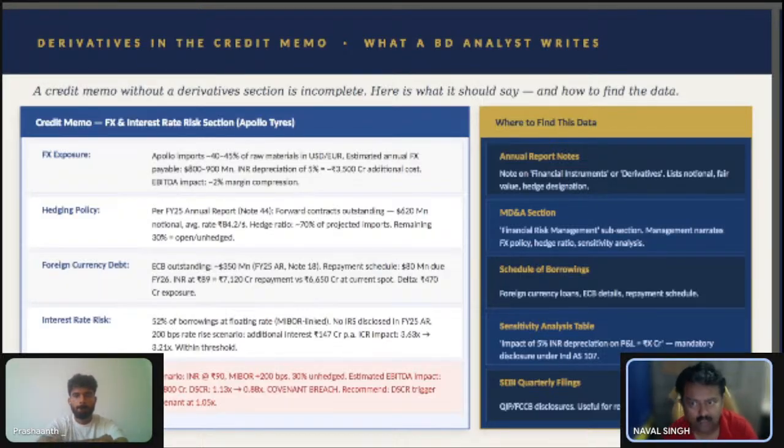They are not hedging. 70% of imports are hedged, the remaining 30% are unhedged. Then they have foreign currency debt. They have huge ECB outstanding. They have repayment schedules. 80 million, 800 crore rupees is due immediately, and INR is weakening.